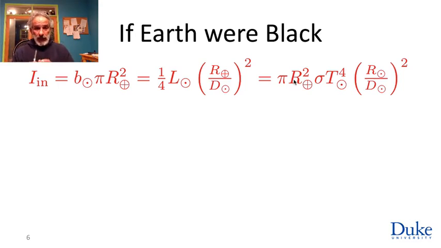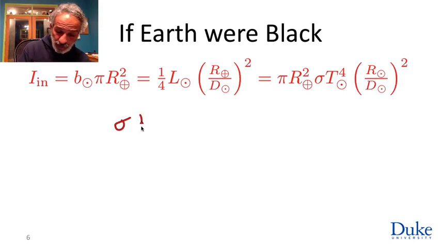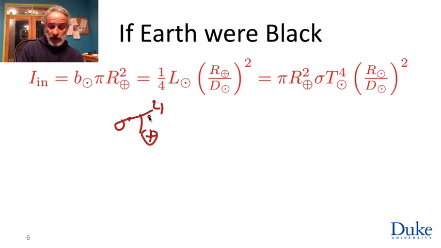How about the rate at which Earth loses energy? Well, that too is not too difficult to realize. The Earth is a black body. It has a temperature, T Earth, and if the Earth is at some temperature, then each square meter of Earth radiates, according to the Stefan-Boltzmann law, at the rate sigma T to the fourth into space.